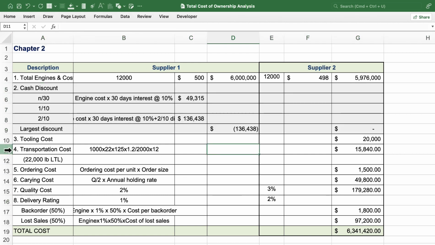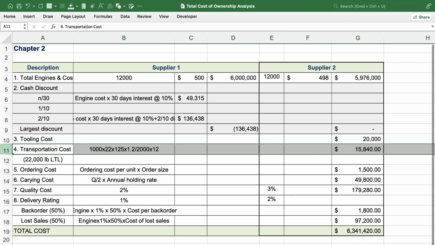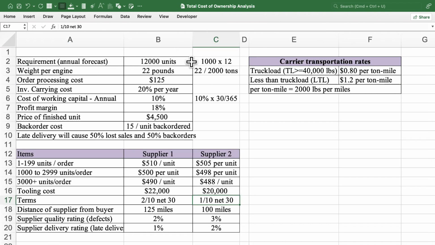The next category is transportation cost, and for transportation cost we'll be using this data. First of all, we know that the total annual demand is 12,000, and every time you place an order, that will be an order of 1,000. We also know that supplier 1 is located 125 miles away from the buyer, and then we also have these figures, that's truckload, which means transportation cost will depend upon the weight of the shipment.